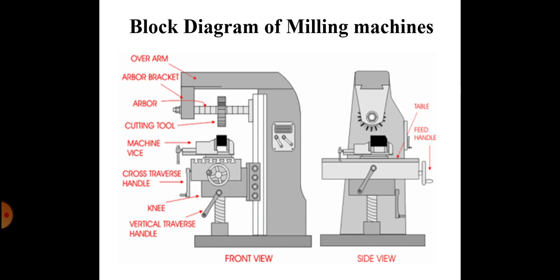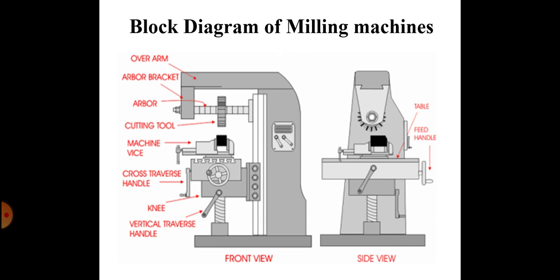The overarm is mounted on the column and it gives bearing support to the other end of the arbor. The overarm can be adjusted in such a way that the bearing support is nearest to the cutter. For more cutters, more than one bearing support can be provided.